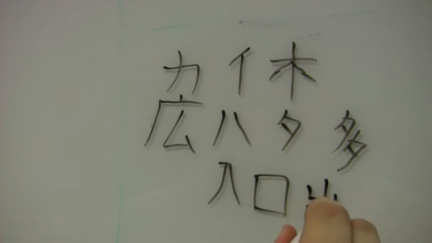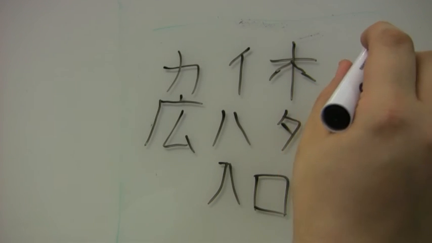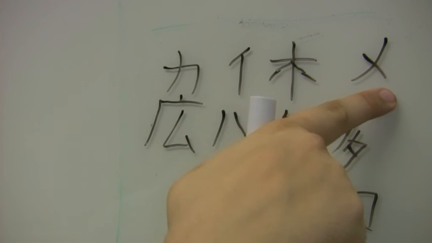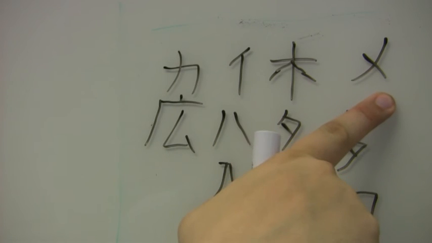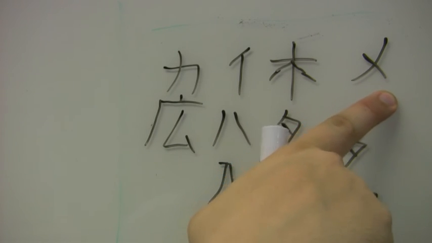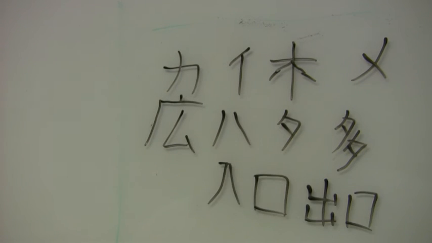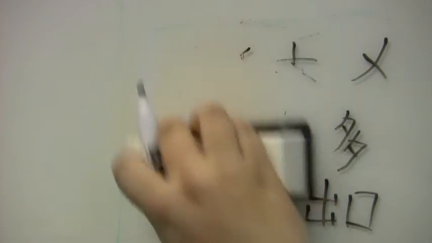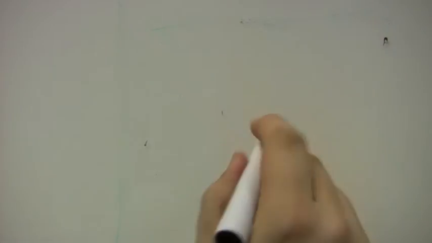Or deguchi, like go out, opening, exit. This one, me, was one of the parts of koros. And as I did before with the doors, o is a part of that.